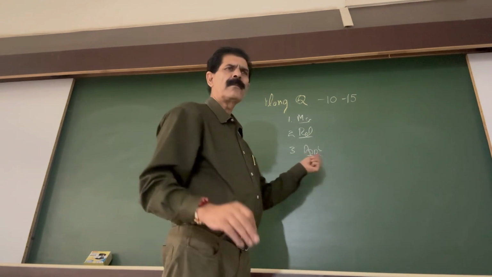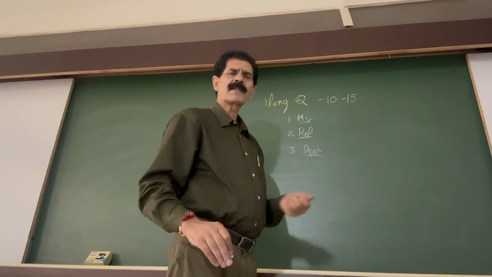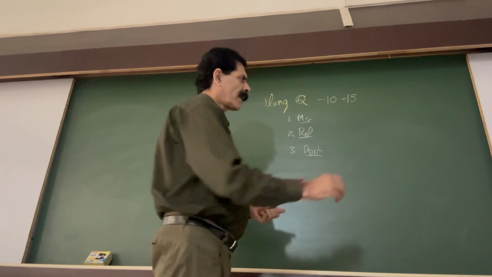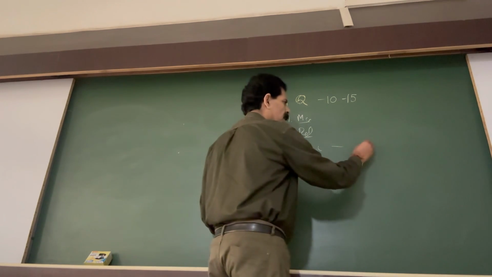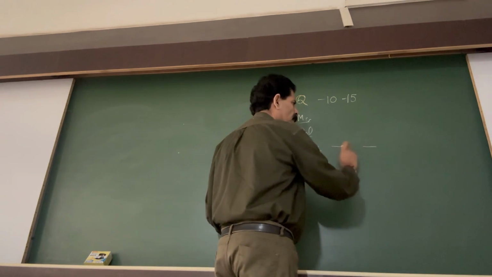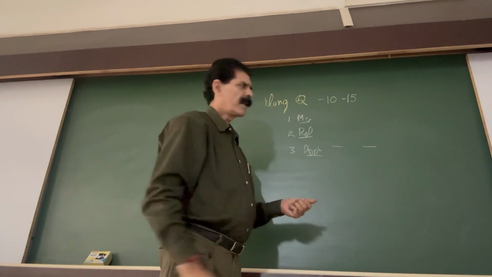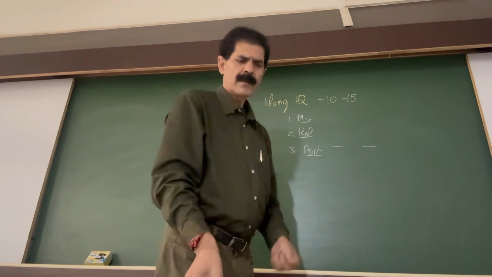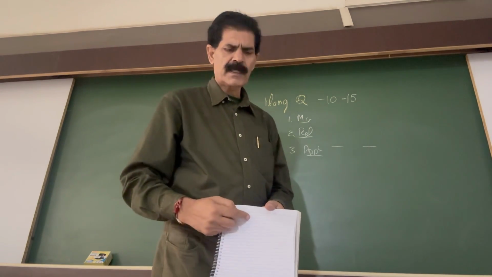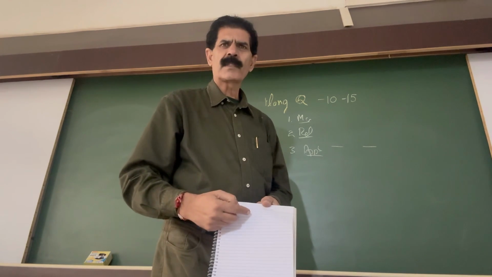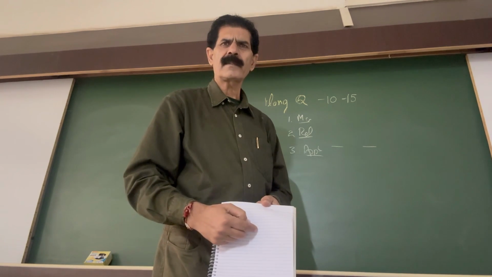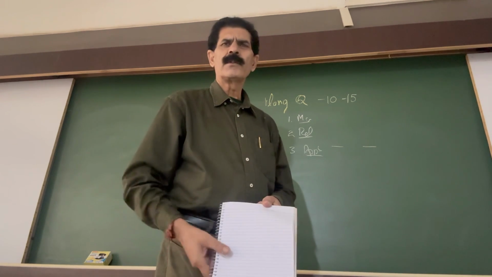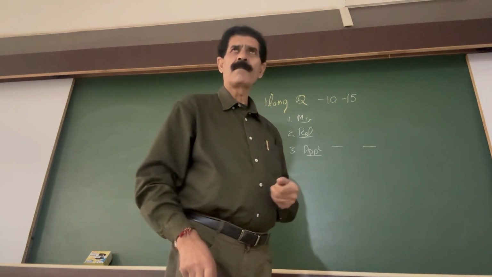Now, how to fill 10 or 15 pages. You write down 2 words and the space between the 2 words should be more. And you write by skipping one line. So skipping one line, then next. In this way, you can fill the page very easily.